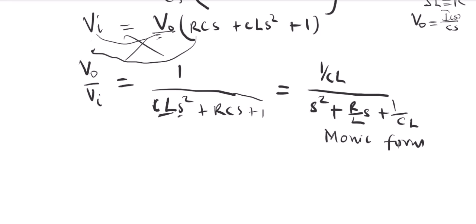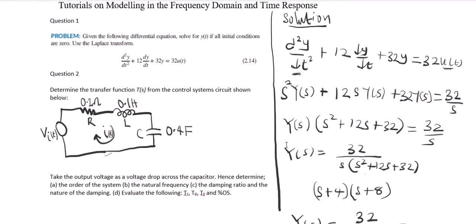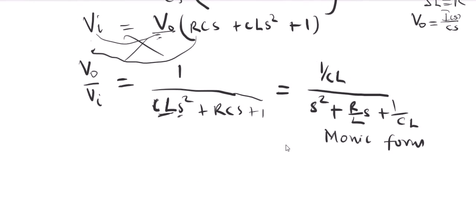Okay, so now we remember from the circuit, let me just go up, that R is 0.2, I think there was a mistake there, and then L is 0.1, and C is 0.4, not millihenry, just Henry and Farad and ohms, just for the purpose of the example.